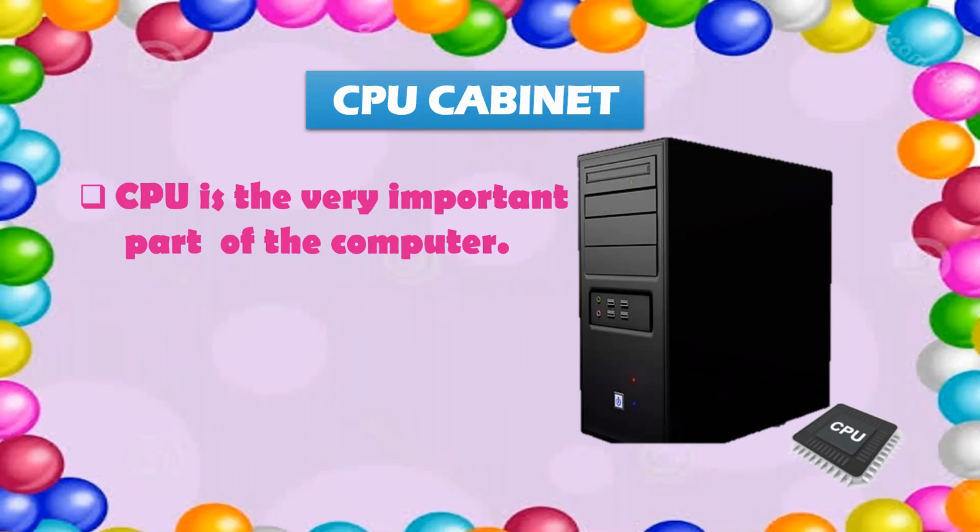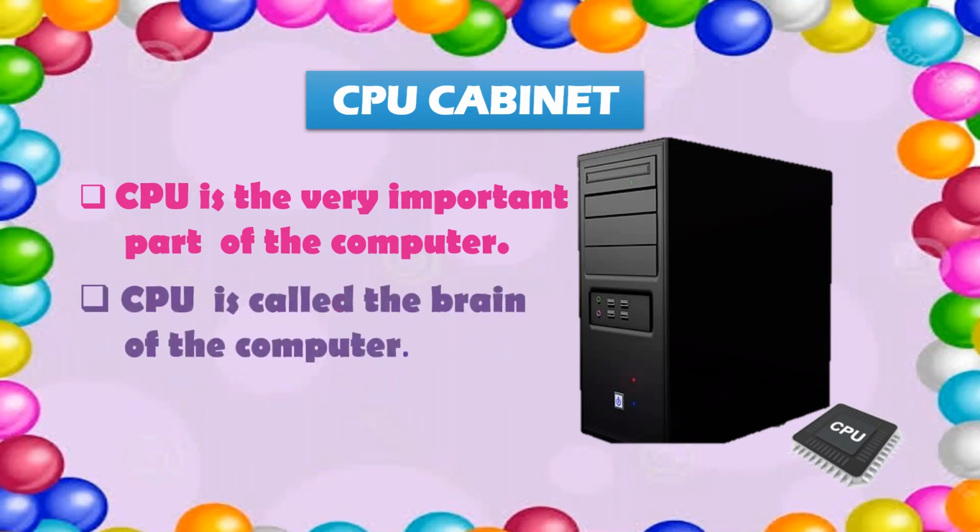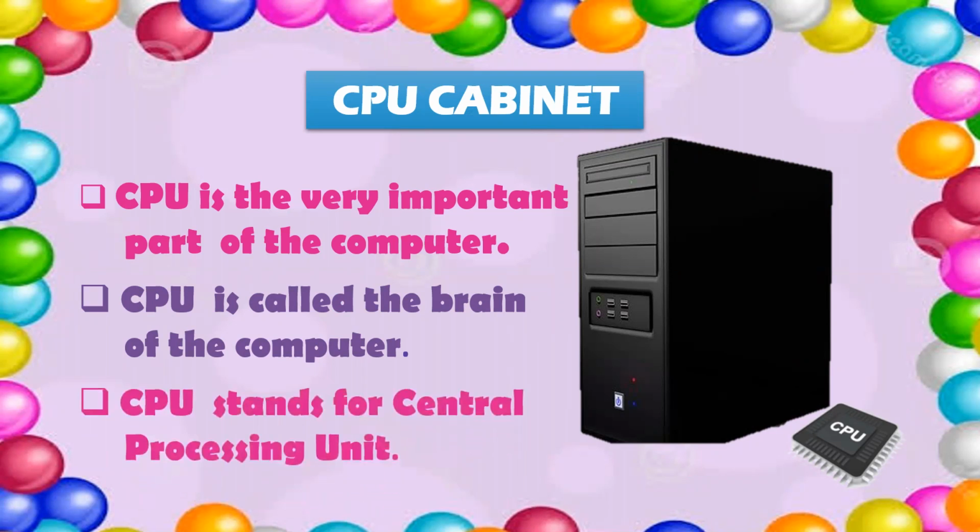The system cabinet has a button which you press to switch on the computer. The system cabinet contains the CPU and other parts of a computer. CPU stands for Central Processing Unit. Okay, children. C for central, P for processing, and U for unit.